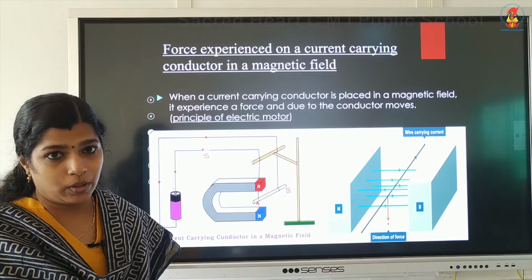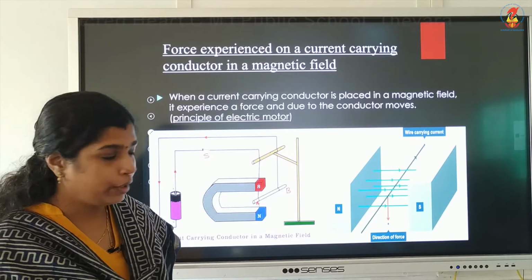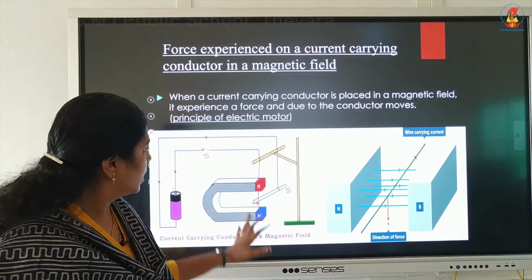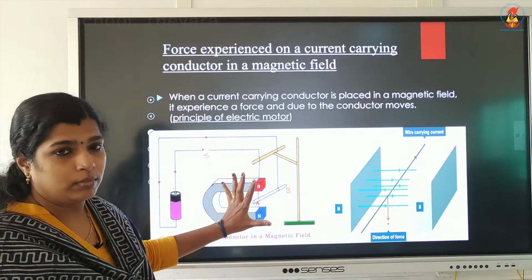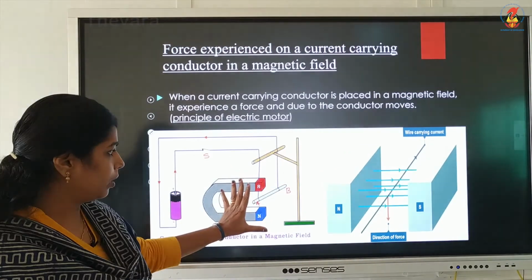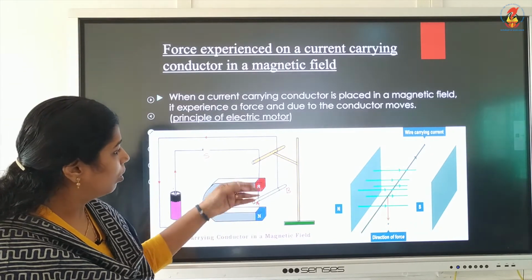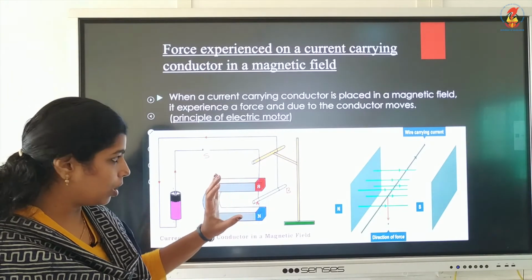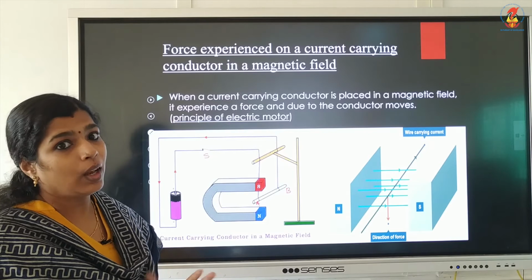Since this horseshoe magnet is a permanent one, it is stationary and can't move, so the conductor will move.